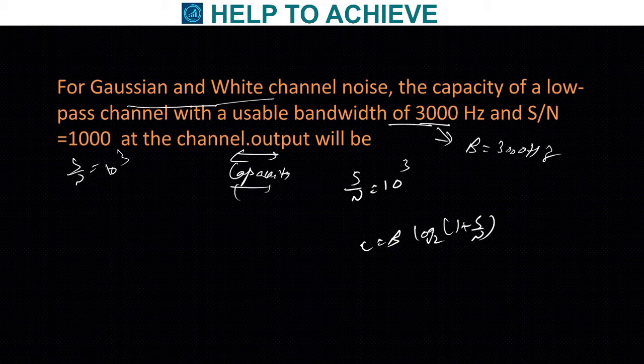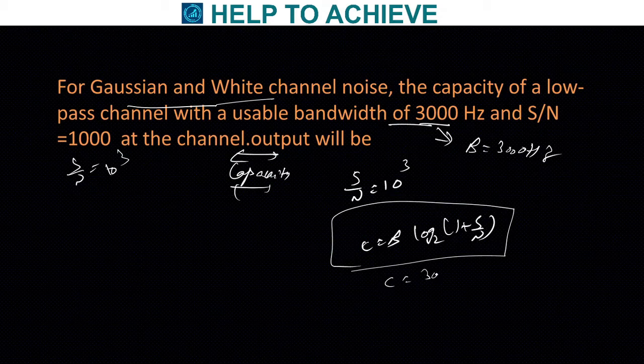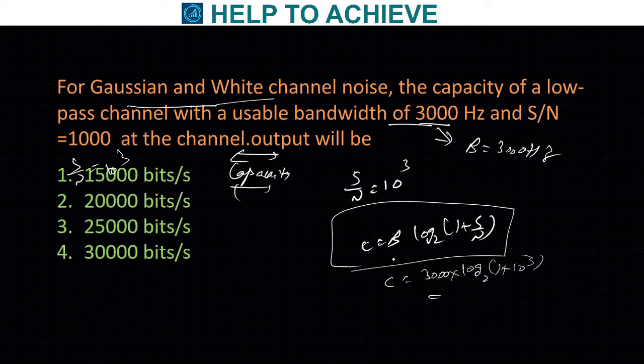We know the channel capacity is given as bandwidth times log 2 of 1 plus S by N. So if we substitute, C equals 3000 into log to the base 2 of 1 plus S by N, where S by N is 10 to the power of 3. This will come to approximately 10, and this is 3000. So the total will be approximately 30,000 bits. So the correct answer is 30,000 bits per second.